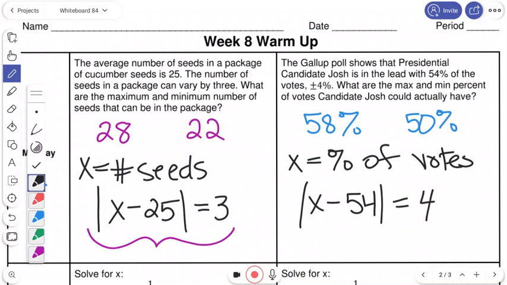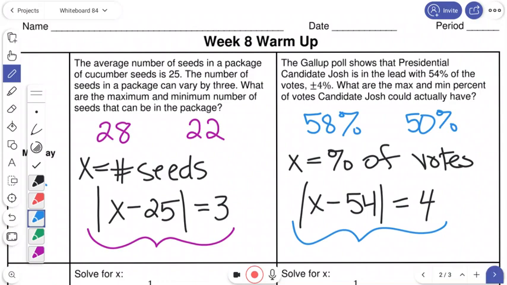Remember, we're going to use the absolute value bars because we don't know if 54 is greater than the actual number or if 54 is less than the actual number. So by taking the absolute value, we end up being able to find our answer in either direction. Now you're probably like, Ms. Guidry, what are you talking about? How does using absolute value show either direction?